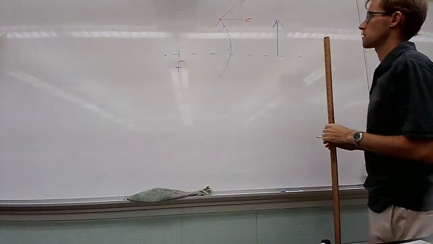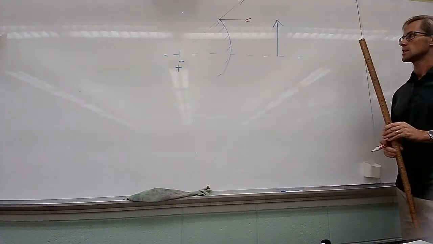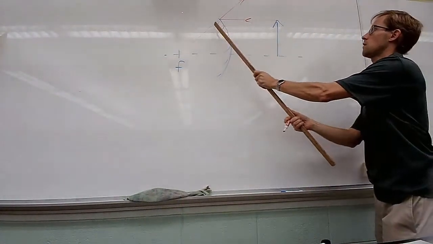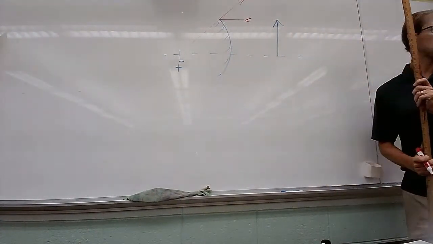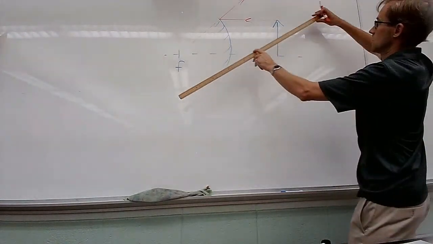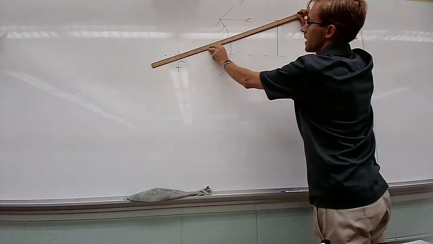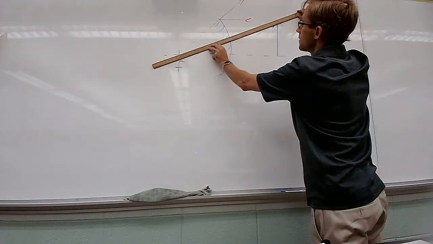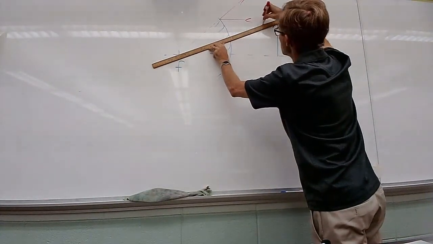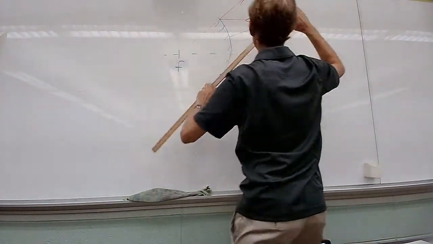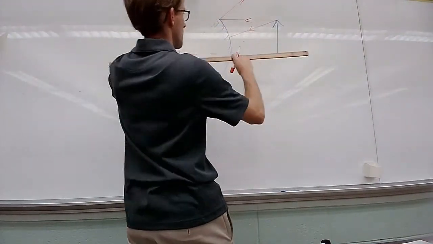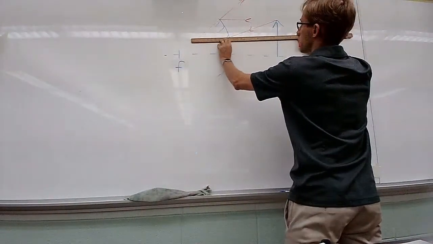So that's the first light ray. So that's our parallel focal point. Now I've got to do the focal point parallel. So I'm going to aim a light ray right at that letter F. It hits the mirror, and it bounces off going parallel, of course.